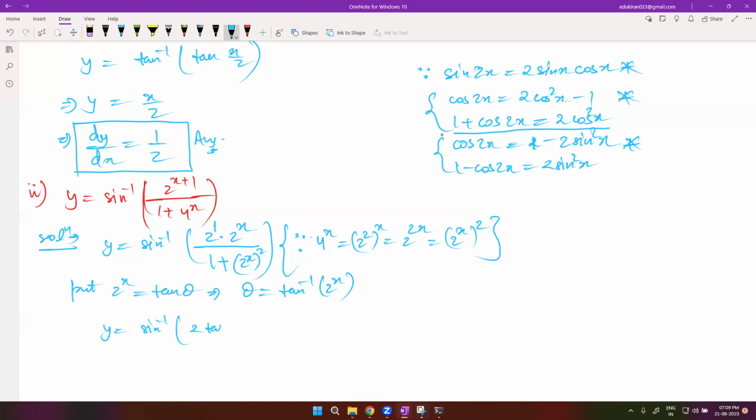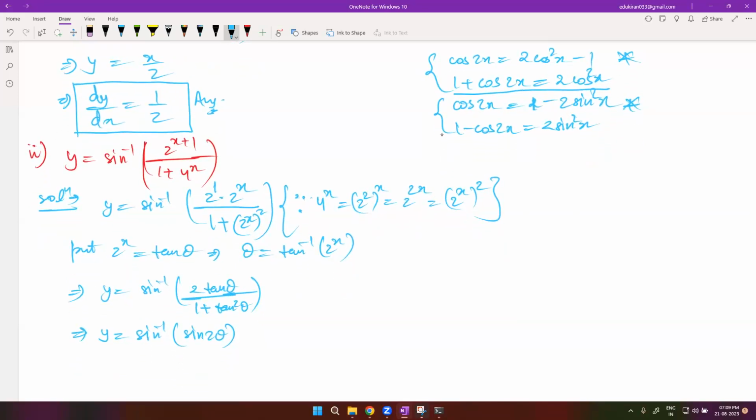This is 2 tan theta divided by 1 plus tan square theta, which is a formula for sine 2 theta. So actually, it becomes y is equals to 2 theta.